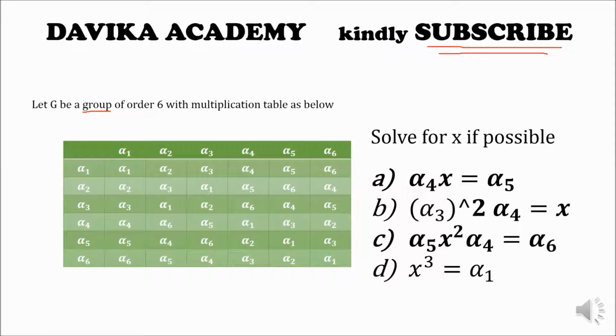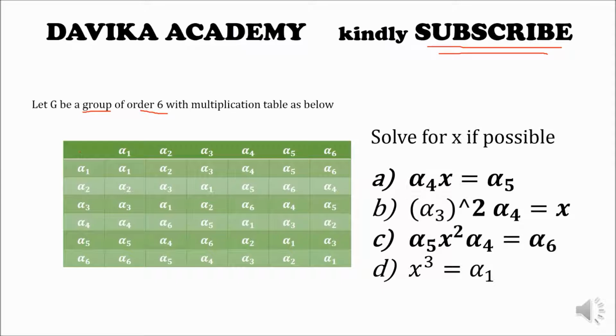Here we have this group G, which is of order 6 with multiplication, and this is the multiplication table that we have just done for this group, whereby it has elements alpha 1, alpha 2, alpha 3, alpha 4, alpha 5, alpha 6.